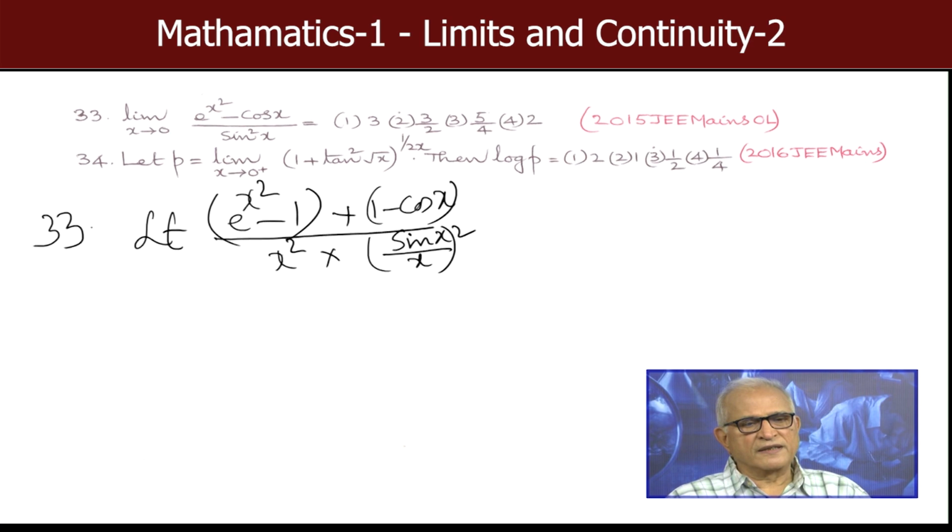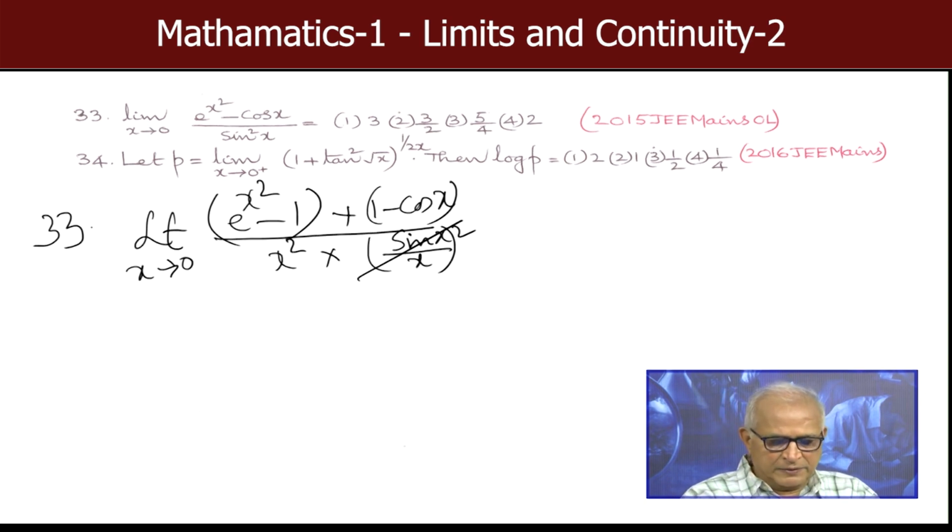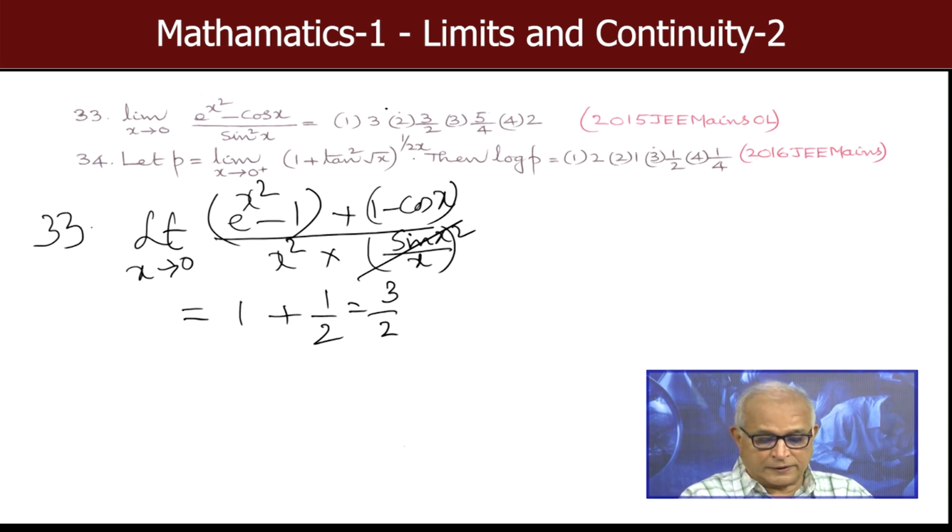Sin square x is written as x square into sin x by x whole square as x tends to 0. And because the limit of sin x by x as x tends to 0 is 1, this is 1. So, it has no impact on the limit, because multiplying any number by 1 gives the same number. And limit e power x square minus 1 by x square is 1, plus limit 1 minus cos x by x square is 1 by 2, which is equal to 3 by 2. That is the final answer, which is the second option.